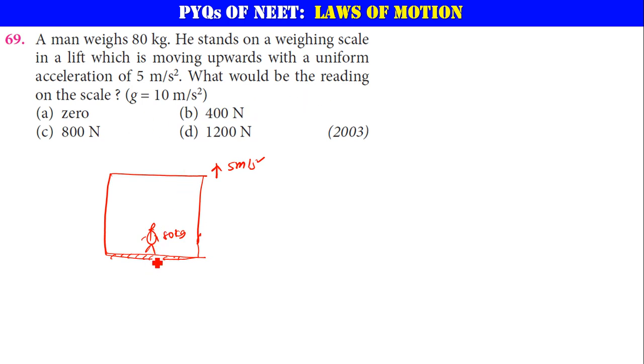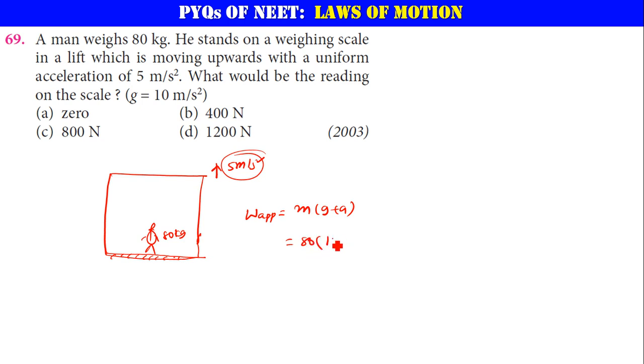So basically, I have told you in the starting of the video itself that because of this acceleration, this weighing scale is going to show you the apparent weight. That is, the apparent weight is nothing but m times g plus a. Here, what is m? M is nothing but 80 kg.